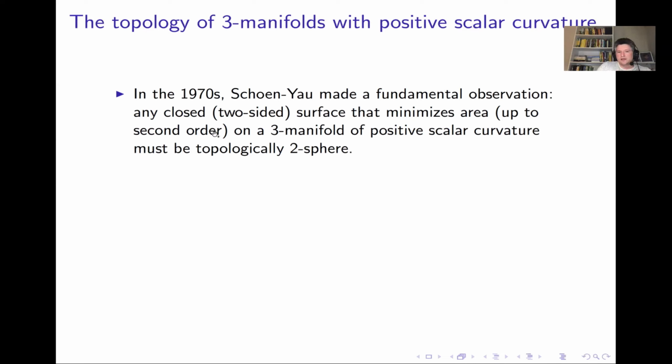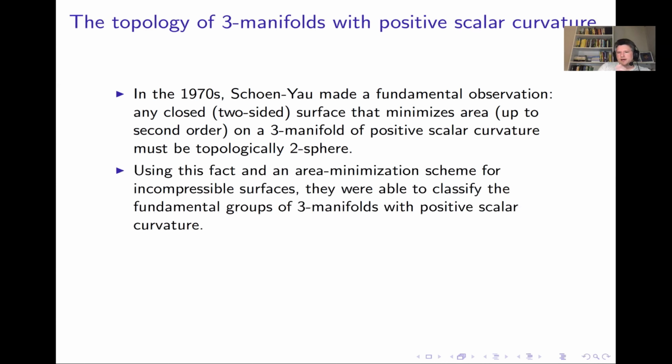So what they showed is that a stable minimal surface on a 3-manifold of positive scalar curvature must be a topological sphere. Okay. And basically then using that fact in an area minimization scheme for incompressible surfaces, they classified the fundamental group of 3-manifolds of positive scalar curvature.